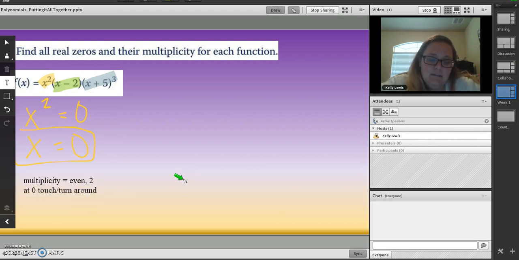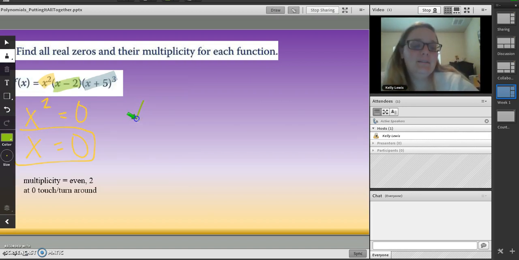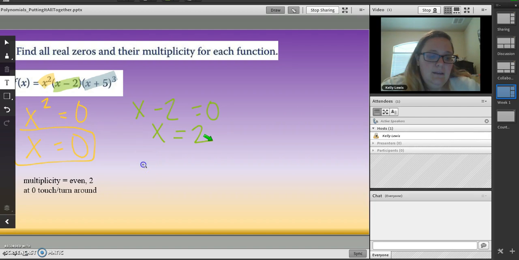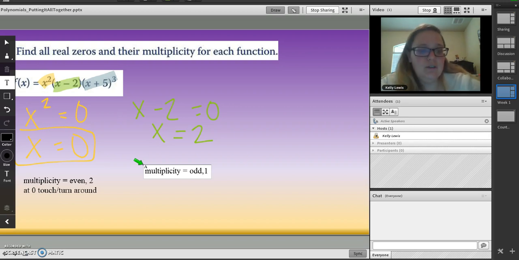Okay, I'm going to do this and then I'm going to show you exactly what I mean. All right, let's do x minus 2 equals 0. So I get x equals 2. Okay, the multiplicity is odd. It's just 1 because there's no exponent on there.